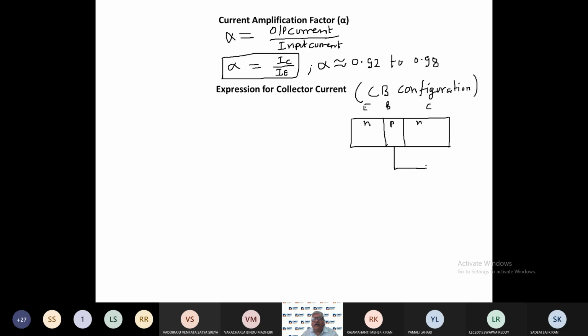Collector and base is reverse biased, right? Like this. Okay, this is VCC. And emitter base is forward biased, like this.